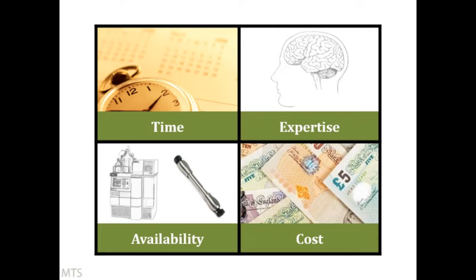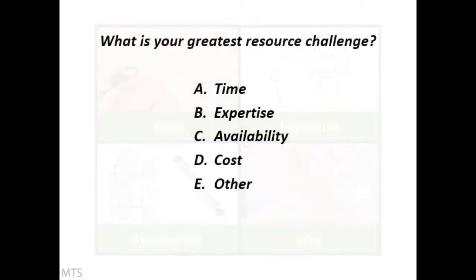So again, what about you in terms of your particular challenges? Now, I've just put the four that I mentioned there, but obviously there could be others. So if you do want to type into the chat box, please feel free. So time's coming up quite strongly here already. And then we do have an availability. Just being able to buy columns is often a problem, but it could even be systems and detectors there too.